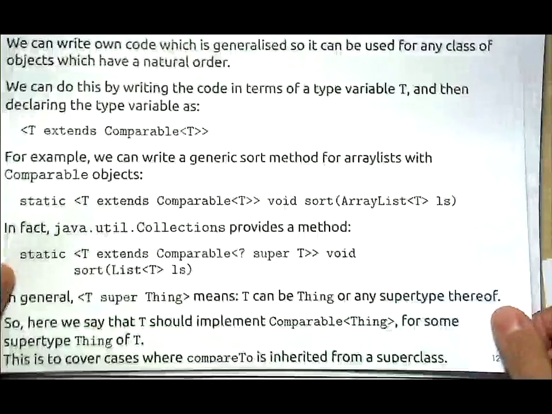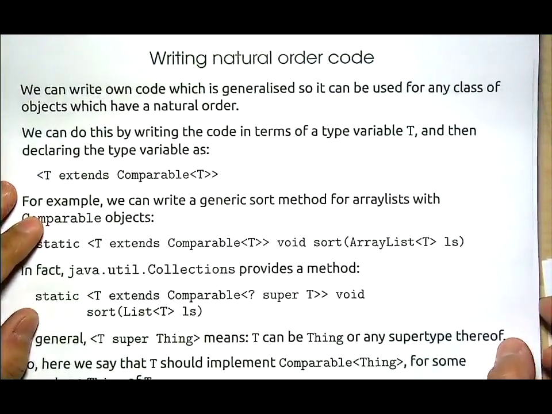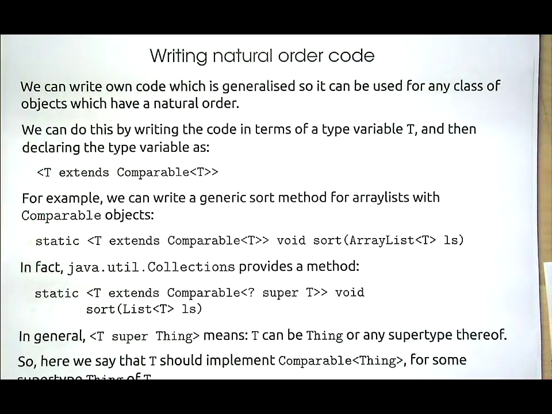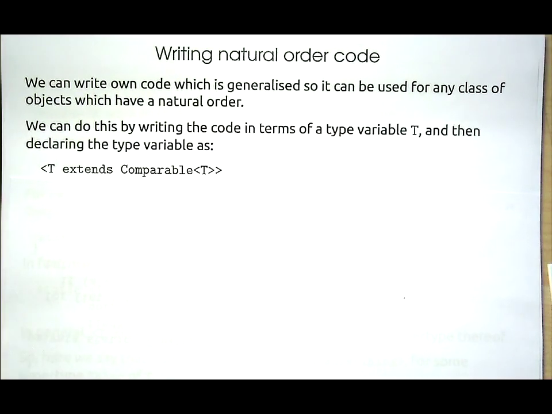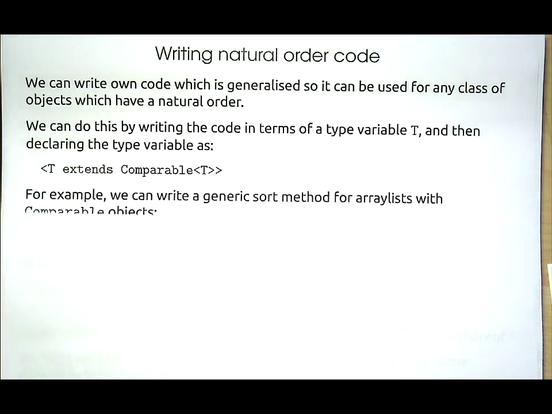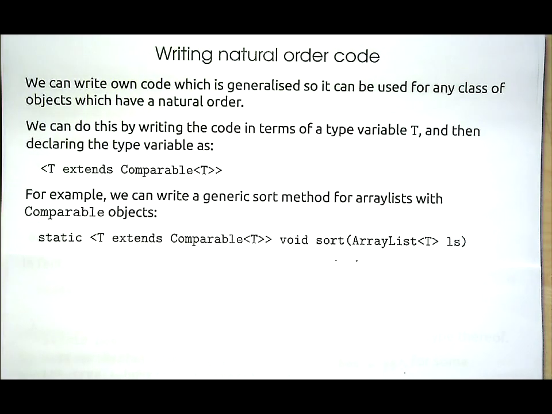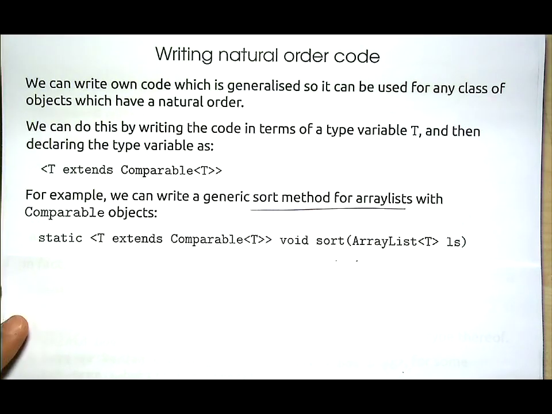And if the class implements Comparable, then we can write code that actually uses this Comparable interface, for instance, in order to sort. For instance, we can write a generic sort method for array lists, so long as we know that the array lists are of a type that is comparable.